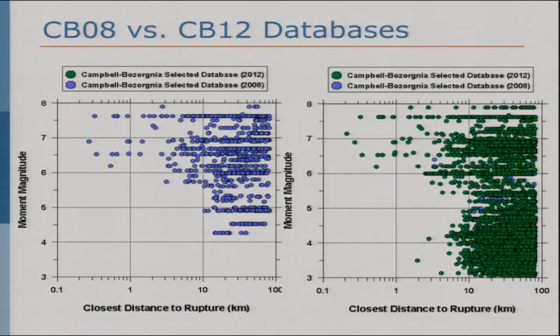So on the left is our 2008 database. You can see it basically was only between 4 and 7.9, which is Denali, which only had a few events really. On the right, then, is the new selected database. So this is our actual database that we're using.